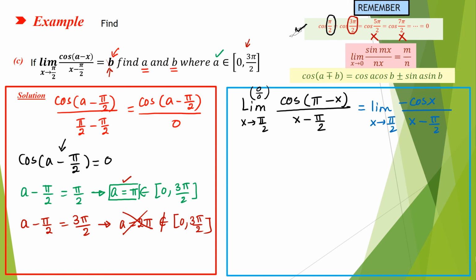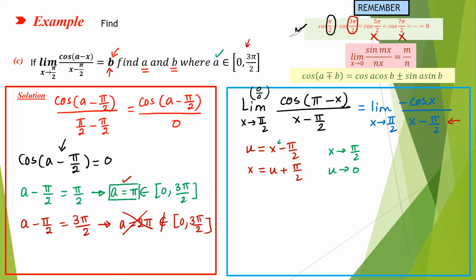Now the suitable way to find this limit is to substitute u equals x minus pi over 2, to make the denominator a one-term expression, and x consequently equals u plus pi over 2. Now x goes to pi over 2 and u goes to 0, because pi over 2 minus pi over 2 equals 0.